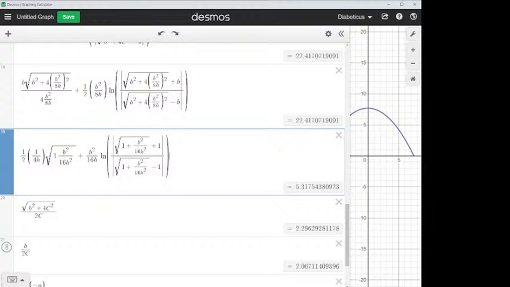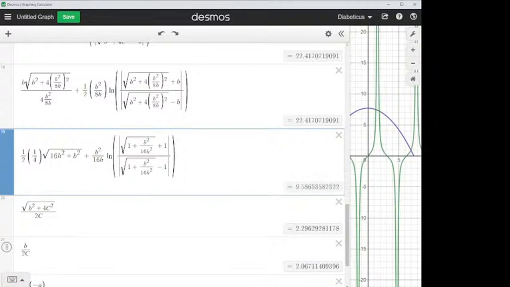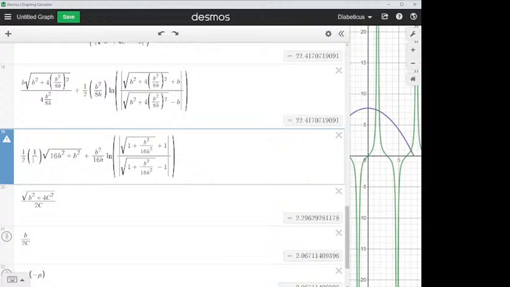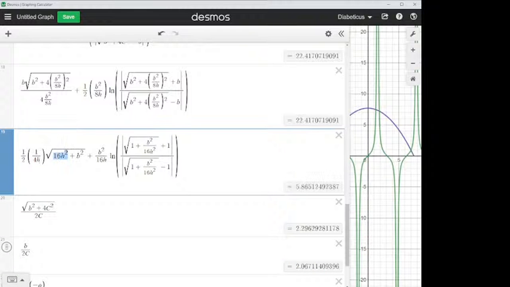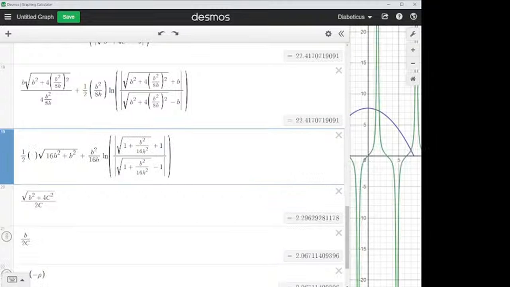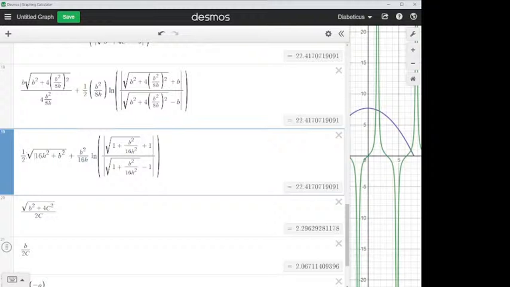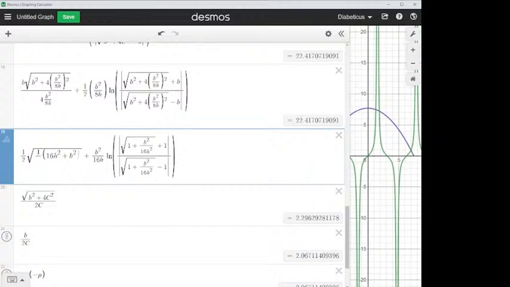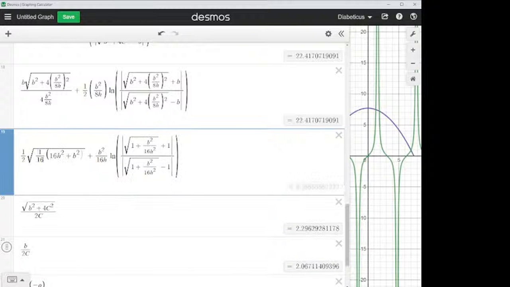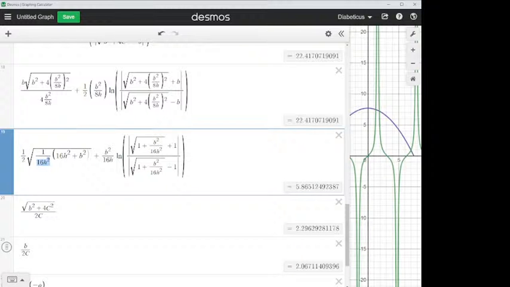1 plus... Rewind. 4h. 1 plus 16h squared. Okay, I'm doing something bad here. Let me do this properly. I tend to skip steps so I know what I'm doing, but oftentimes it messes you up.